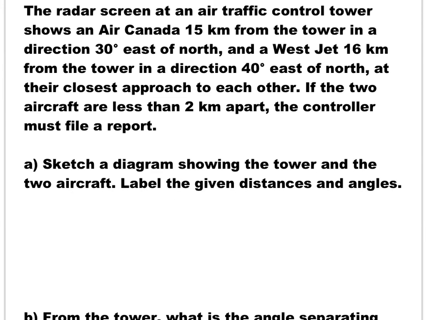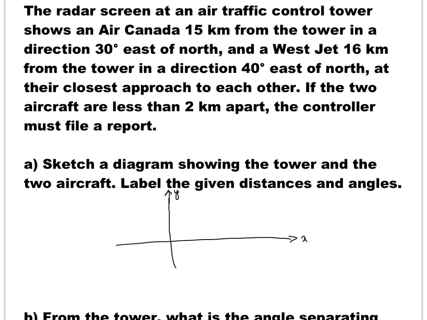The last problem says that you have a radar screen at an air traffic control tower showing Air Canada 15 kilometers from the tower in a direction 30 degrees east of north. Let's draw this case. If this is our Cartesian coordinate system, x and y, let's assume that the positive y represents the north direction.